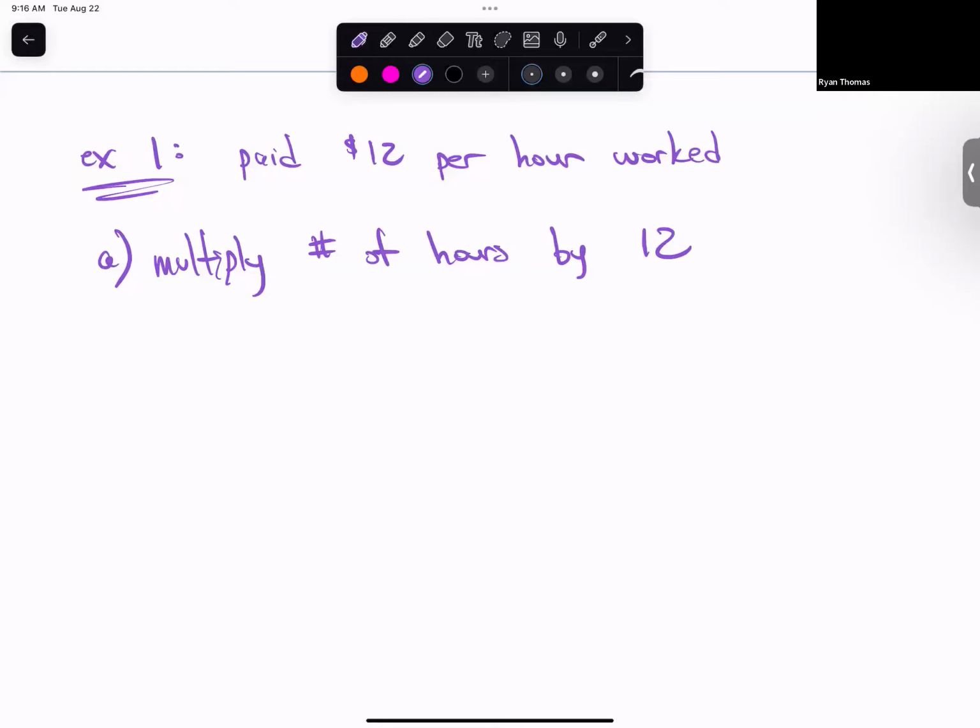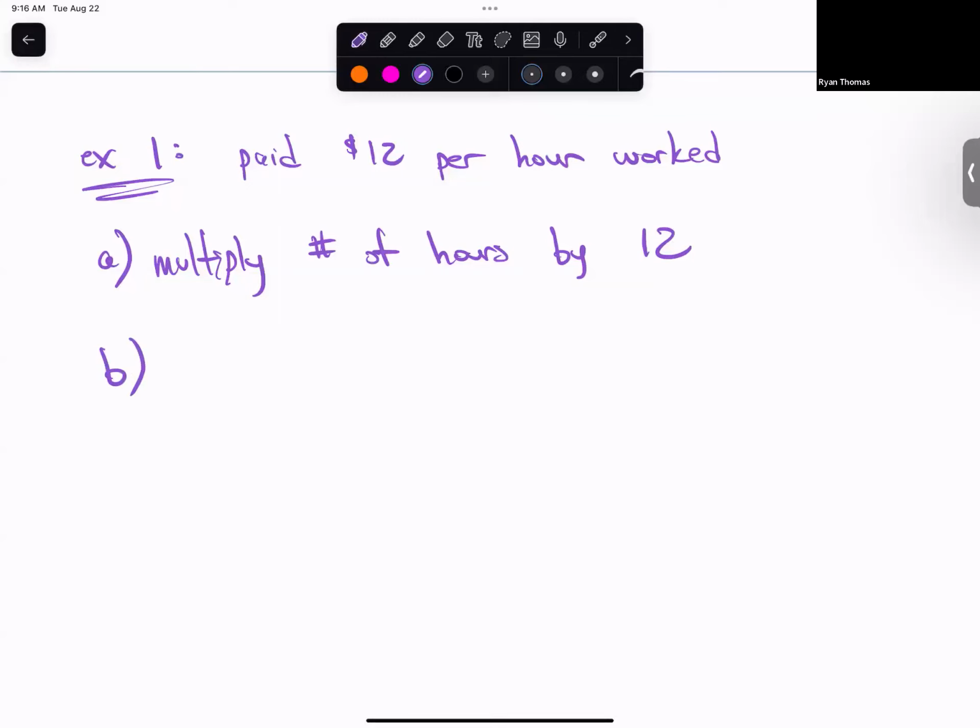Cancel, right? You've got hours divided by hours, those cancel, and what are you left with? Well, right? The money that you should be getting paid. Okay, so that's all we need to do. Multiply the number of hours by 12, and ta-da, that's what should be on your paycheck, right?